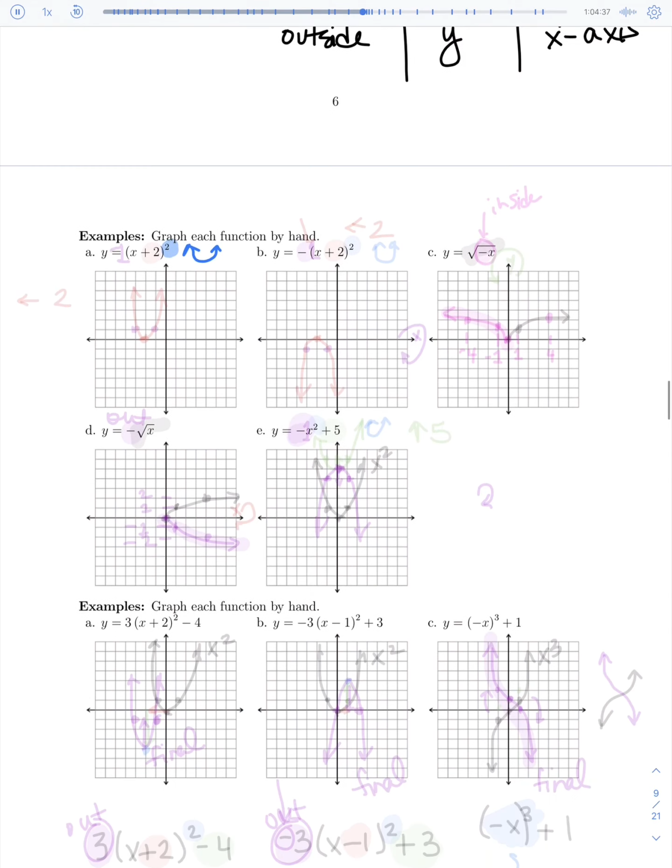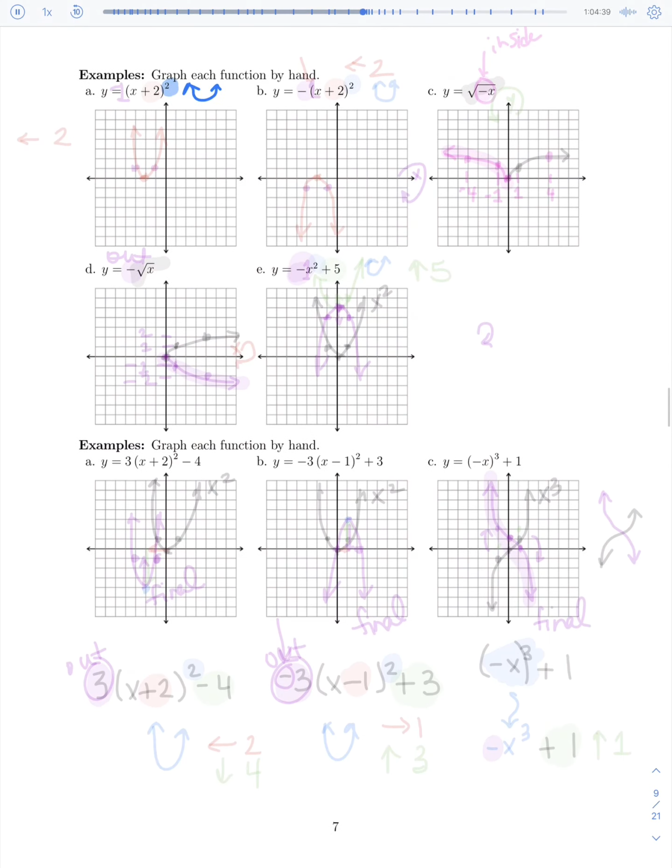However, because of the plus 2, it's actually going to be shifted to the reverse of what we think. It's going to be shifted to the left 2. Remember, if it's inside, you do the reverse of what you'd think. We move it to the left 2.